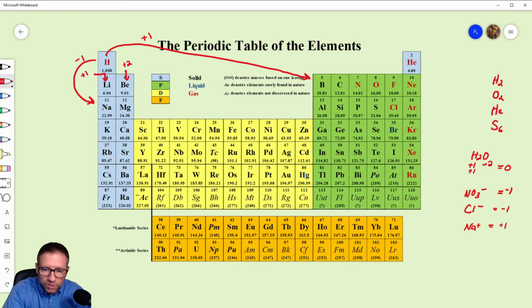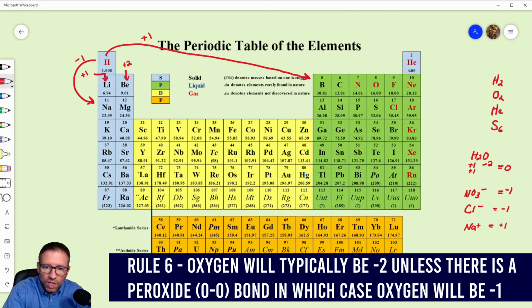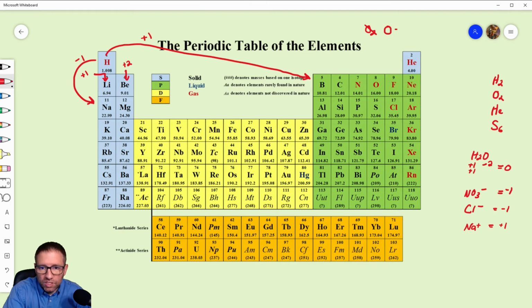Another rule that you'll typically run into, as a general rule, is that oxygen is going to be -2. Now I'm not talking about O2, because remember O2 is going to be a neutral compound. I'm talking about oxygen, if it's bound up with something, is going to typically be -2.